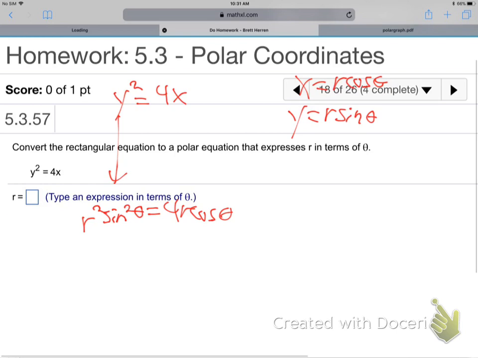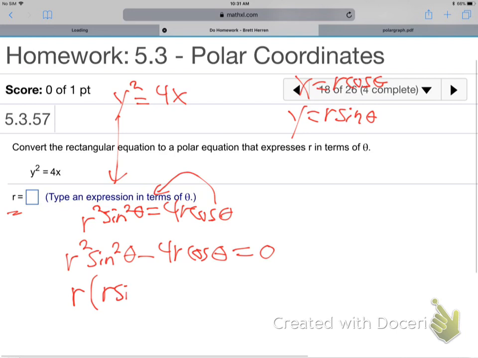And then because they want r alone, jump this part over. So we'll get r squared sine squared minus 4r cosine is 0. And then what do we do from there? Factor out the r.